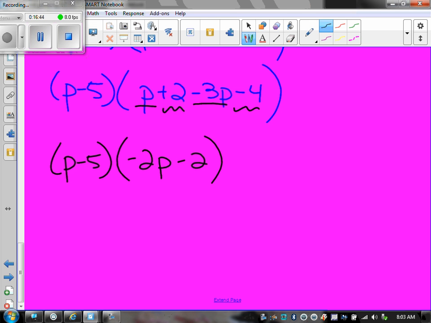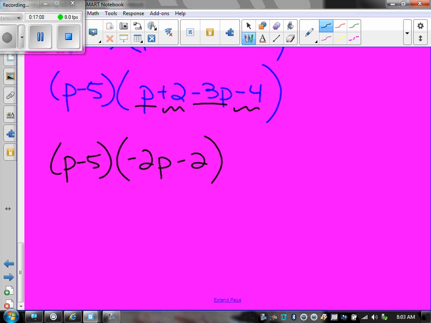No, I don't want you to FOIL. Factor, not FOIL. But what do you notice? Is there negative 2's in that second parentheses? Isn't there another GCF that I can factor out?